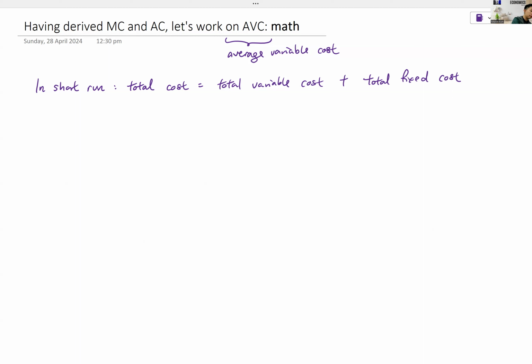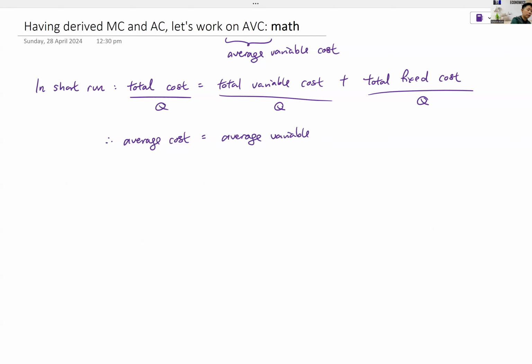You divide by quantity throughout. It's not magic. This just means that average cost is average variable cost plus average fixed cost.